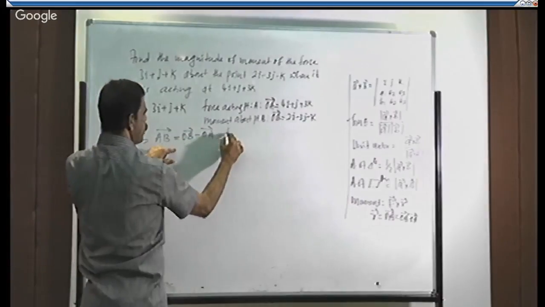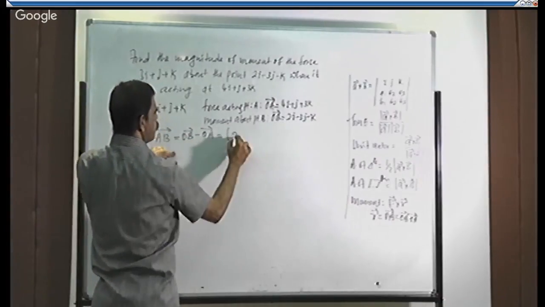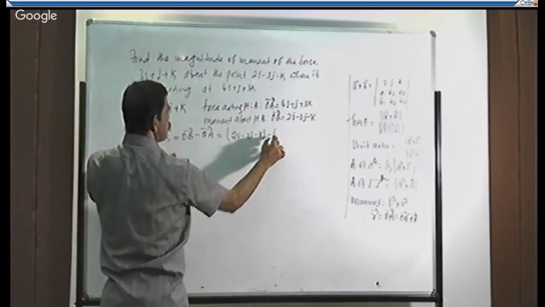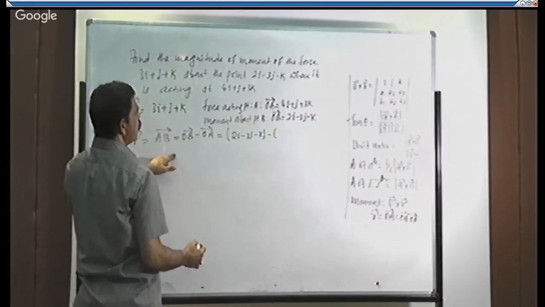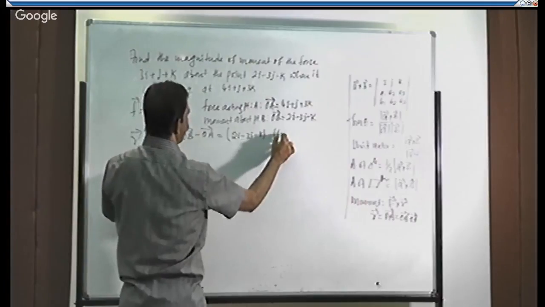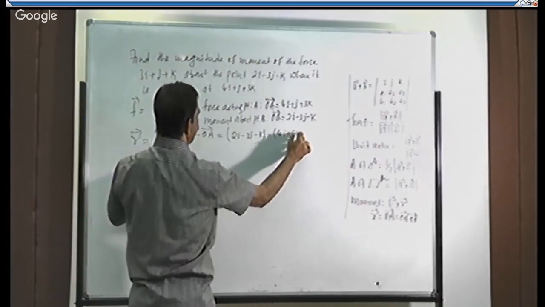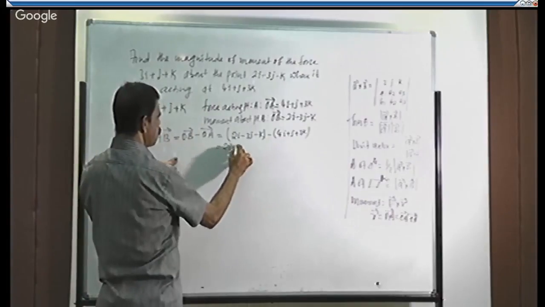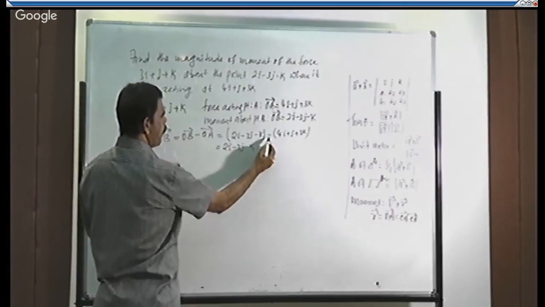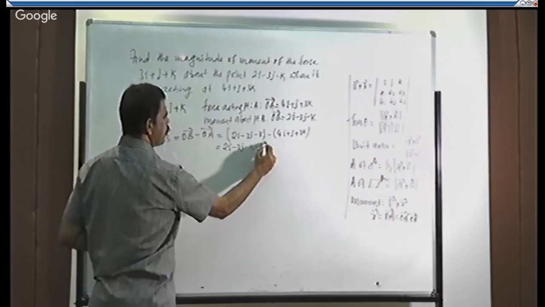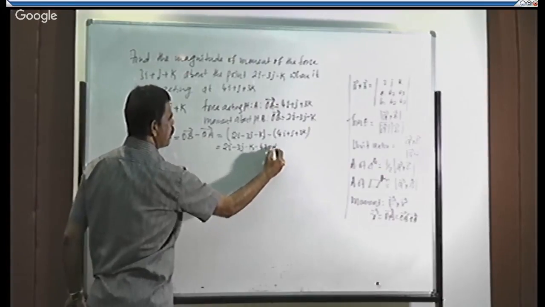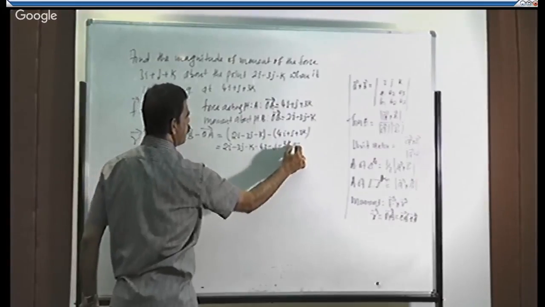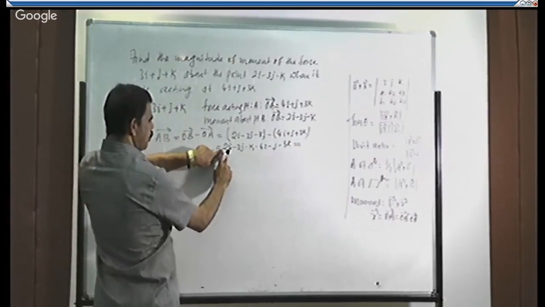OB is 2i minus 3j minus k, minus of OA. What is OA? 4i plus j plus 3k. That is equal to 2i minus 3j minus k, minus 4i, minus j, minus 3k. Finally, you will get the r.